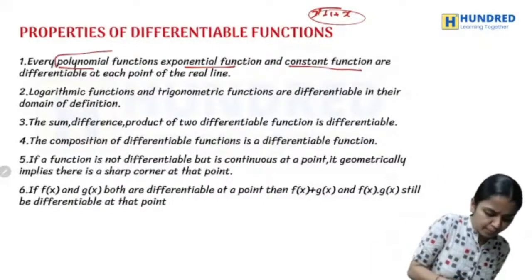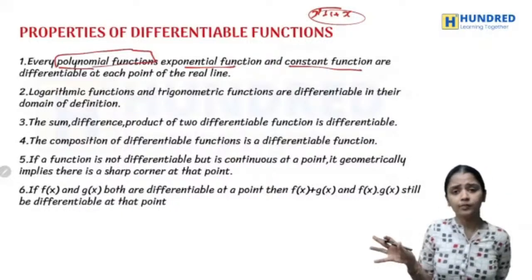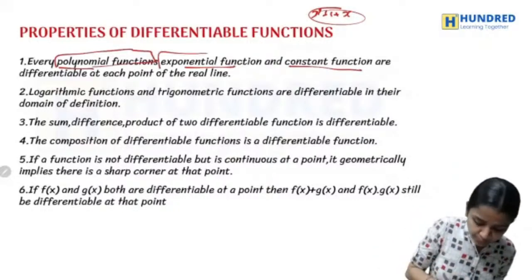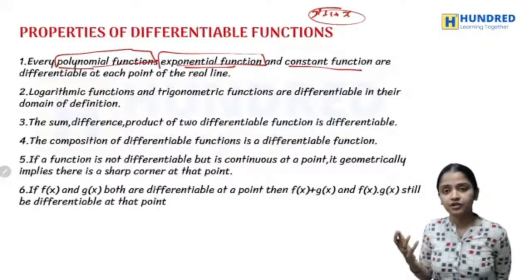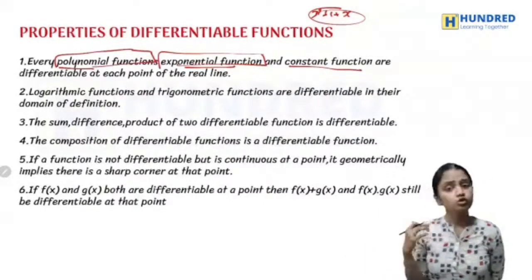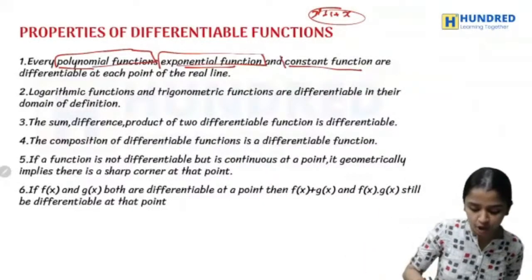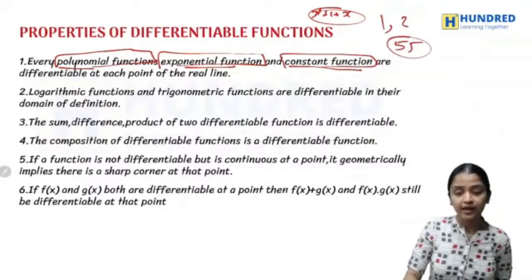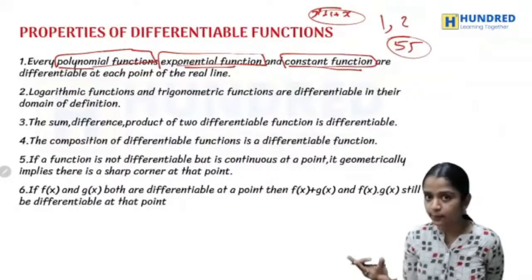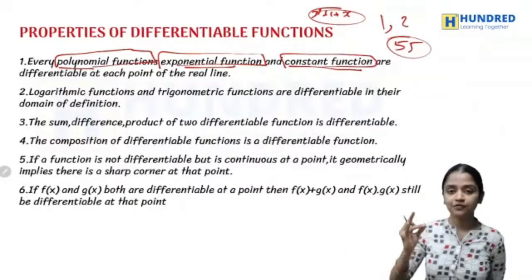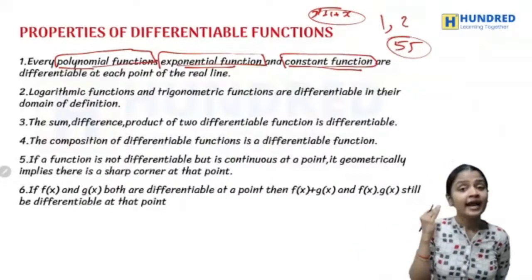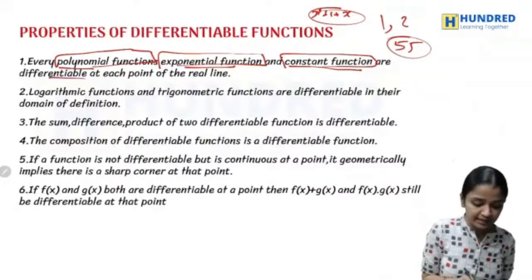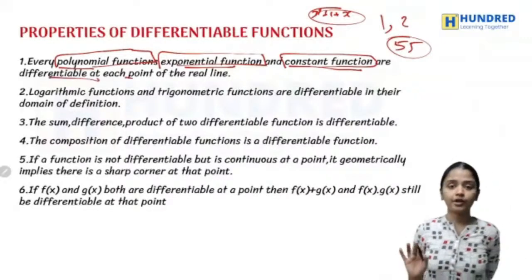An exponential function is e power something, and a constant function is 1, 2, 55, anything. Any such function will definitely be differentiable at each point of the line.